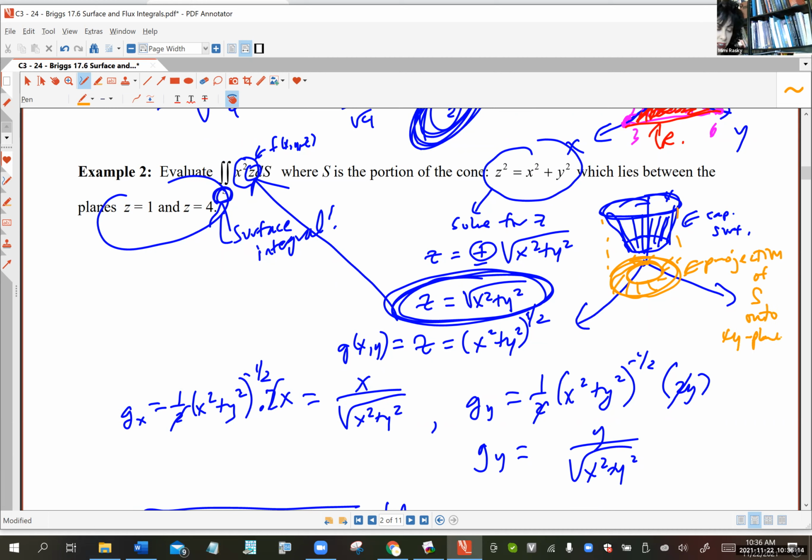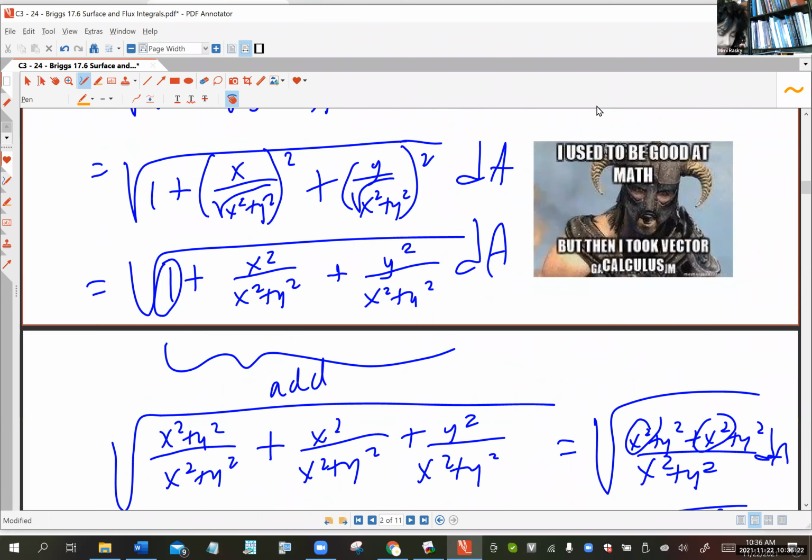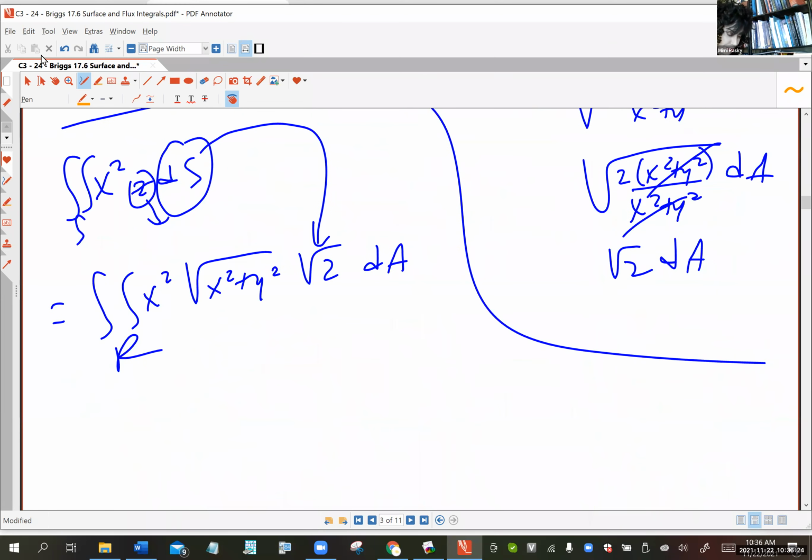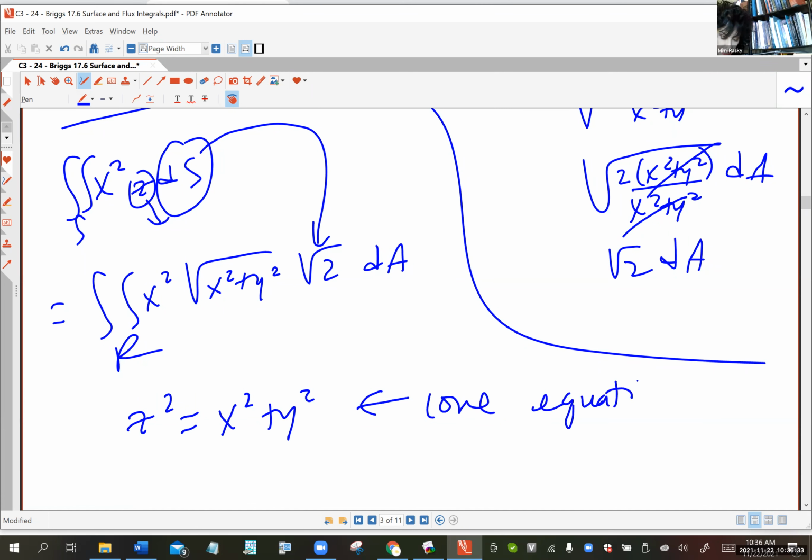So what the heck? So remember that they're saying z could equal 1, and then also z could be equal to 4. So what does that give us? So if I take the capping surface, which was given to us, like this is the cone equation right here. That's our cone equation, the way they handed it to us.